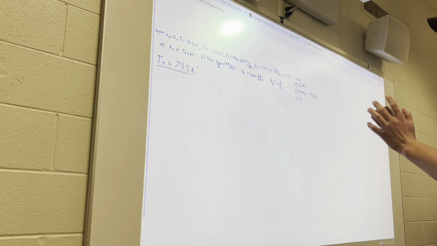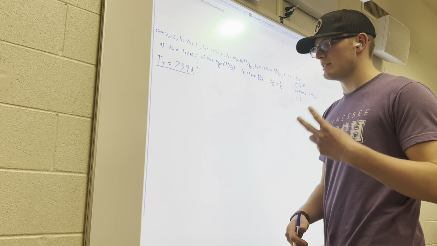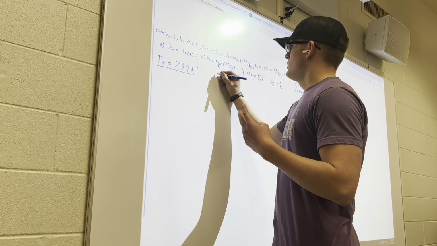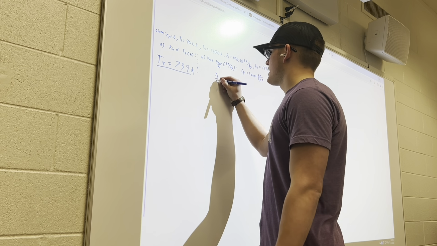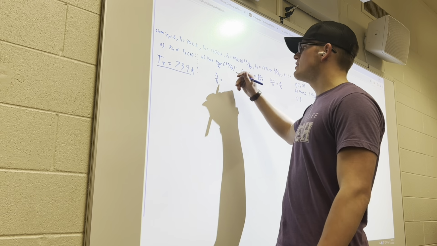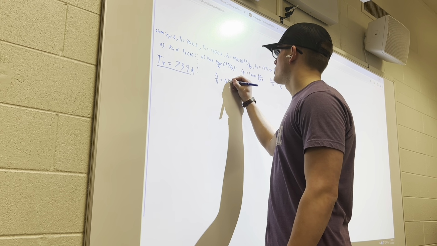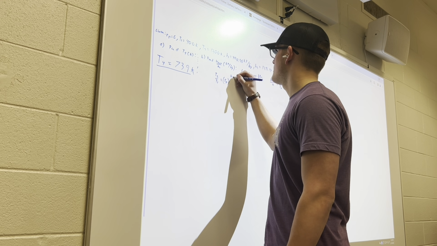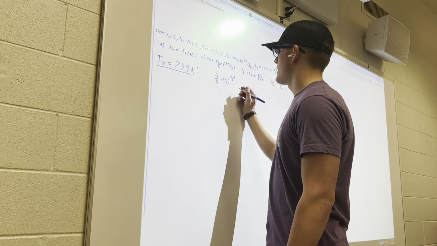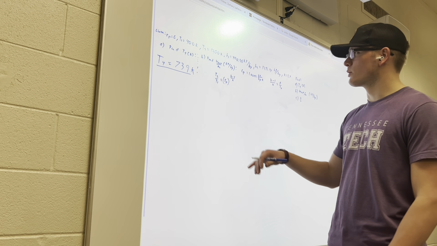So now that we know that, what we need to do is find what T2 is. We're going to use the same formula that we used earlier, which is T2 over T1 equal to our pressure ratio raised to K minus 1 over K. Now this is actually easier than before because the thing that we're looking for, T2, is on the top.